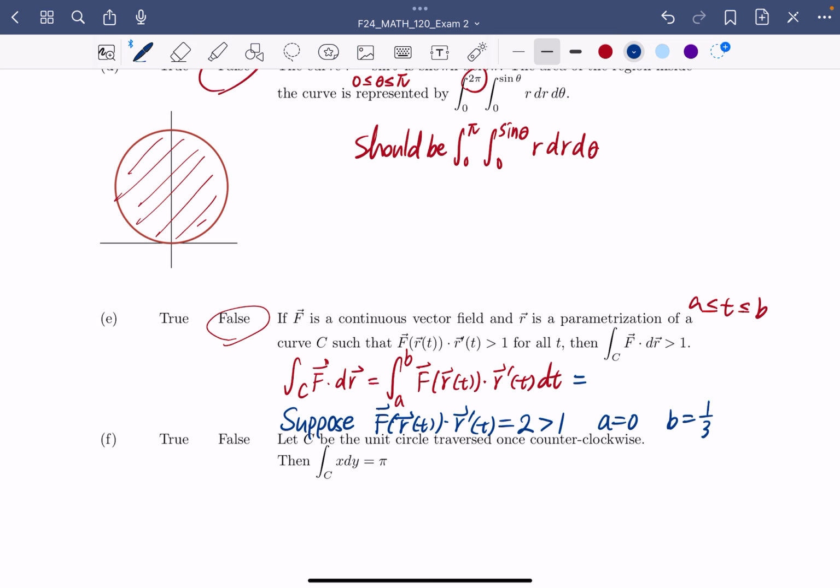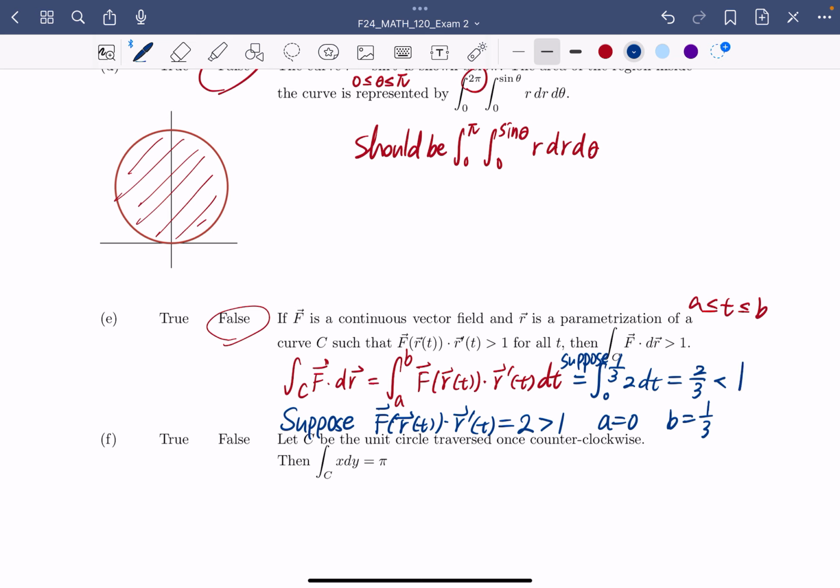So let's suppose we're in a case which satisfies all the conditions here, but then you get this integral, which is 2/3, and it is less than 1.